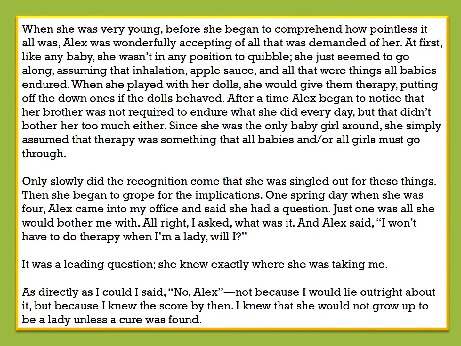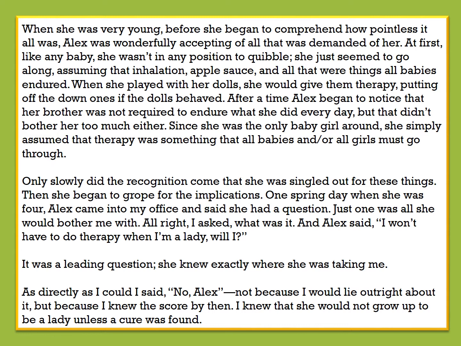So here's how he wraps up his essay then, and he comes straight back to a specific time and a specific place, a day, an hour, a particular conversation. And he tracks as Alex grows up how she notices other children don't go through these daily beatings, okay?